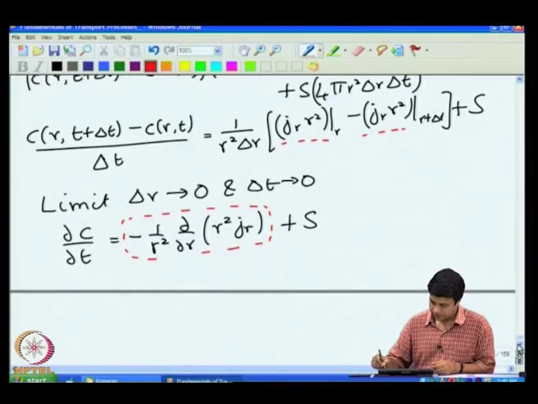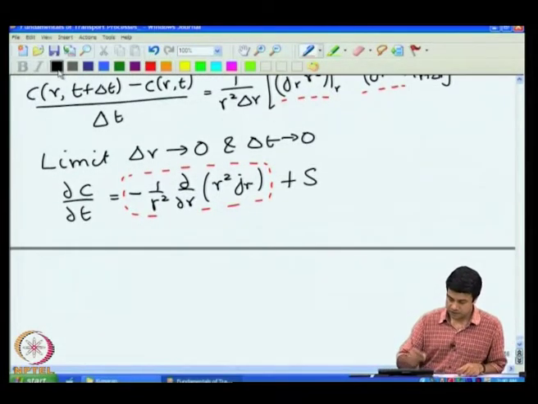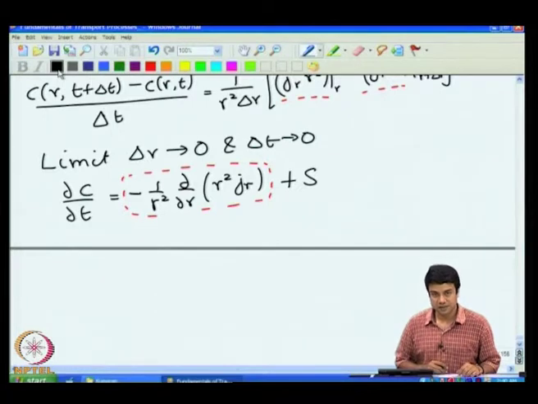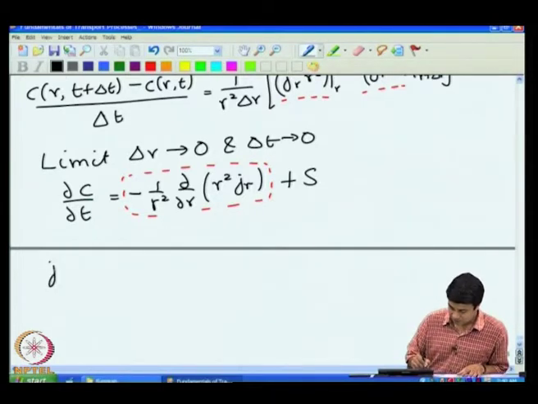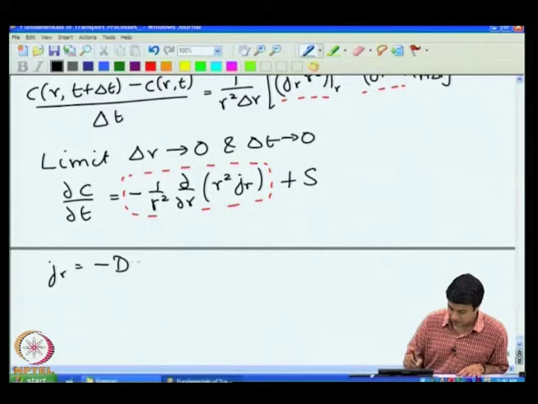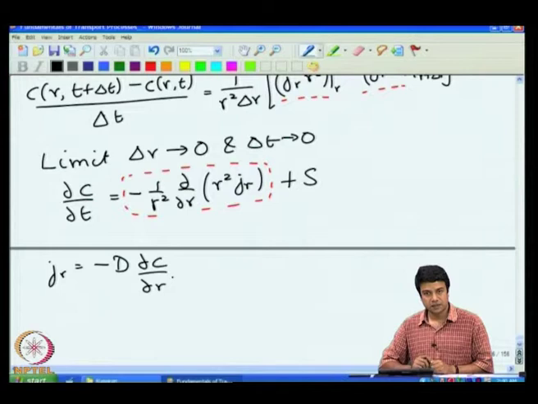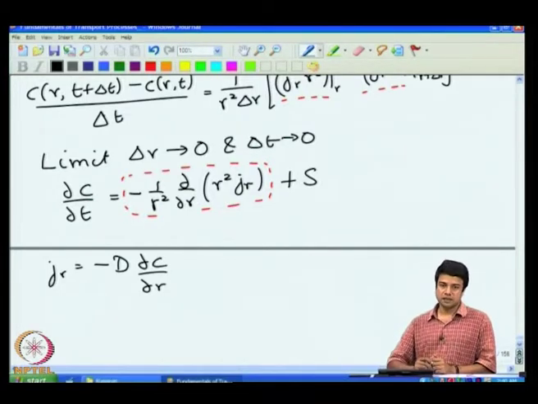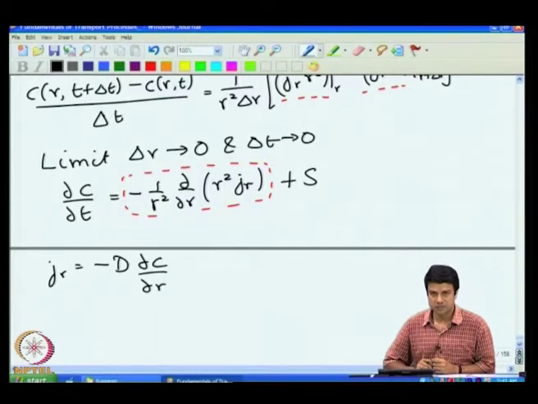So, to finally get the equation for the concentration field, I need to express the flux in terms of the gradient of the concentration. J r is the flux along the r direction. So, I need to express J r in terms of the concentration gradient, and as we know, this is minus D times dc by dr, minus the diffusion coefficient times the change in concentration with distance.